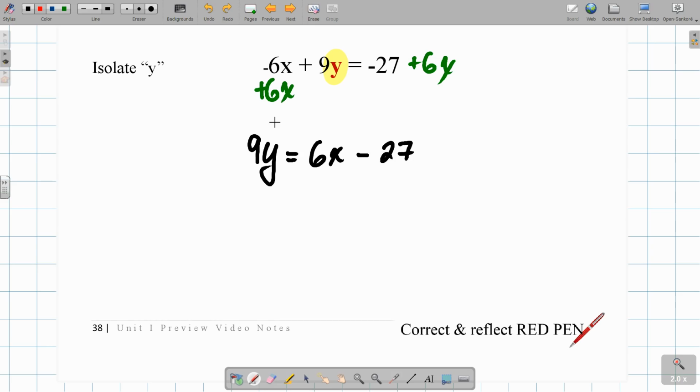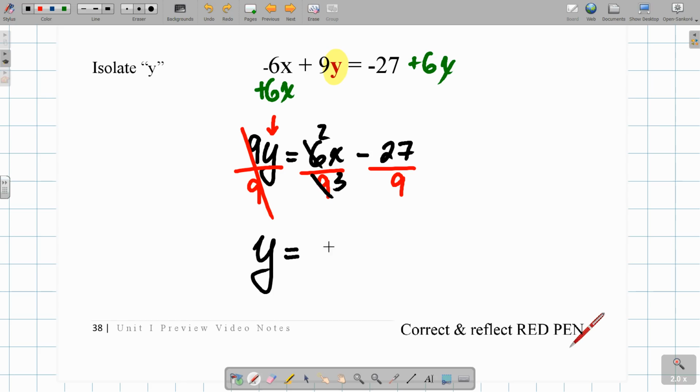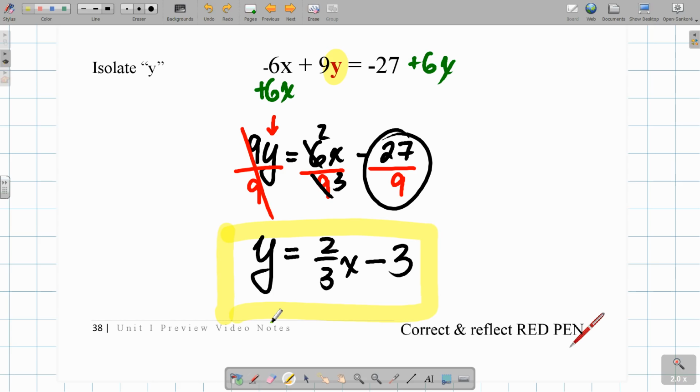Turns out Guy Y is just going to keep with his bad attitude, so the date finally leaves, breaks the heart by dividing. She's going to come over here and gossip to everyone. Y equals 2/3 x minus 3.